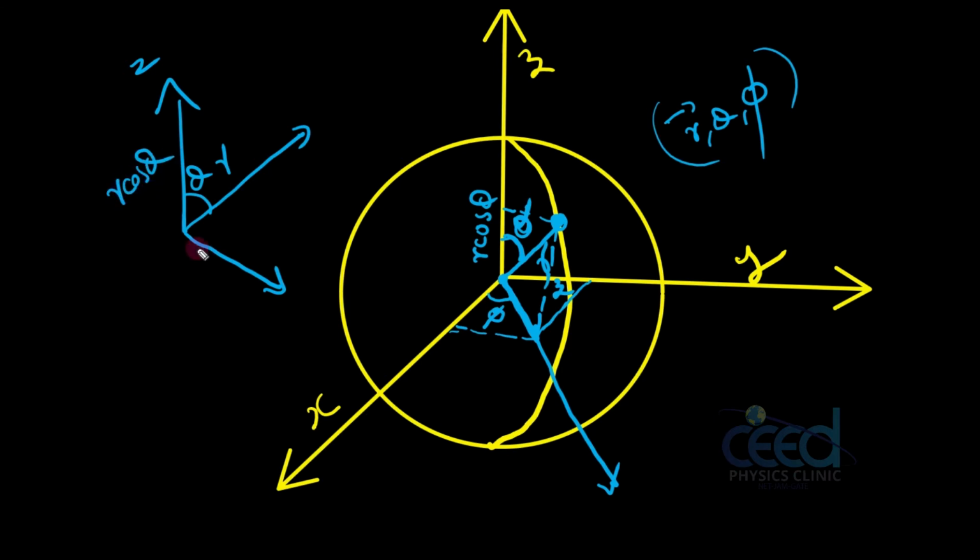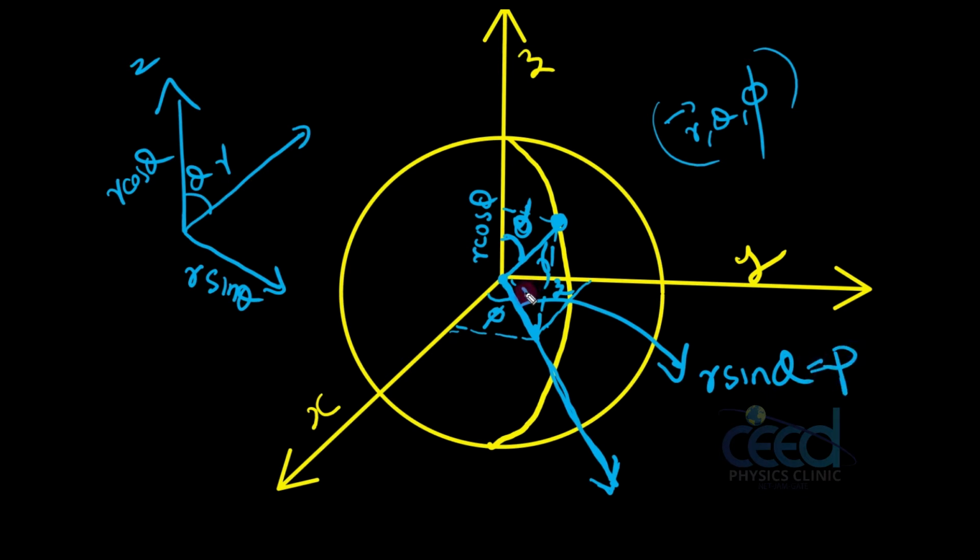And what about this line? I can write this as r sin theta, from the triangle law. So this part is r sin theta, and I call it p.